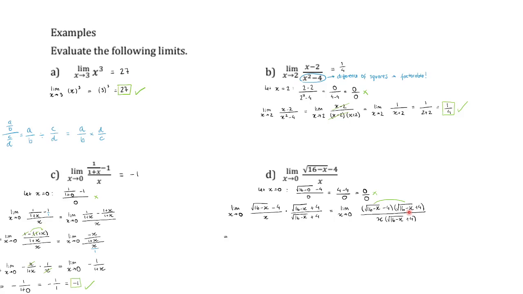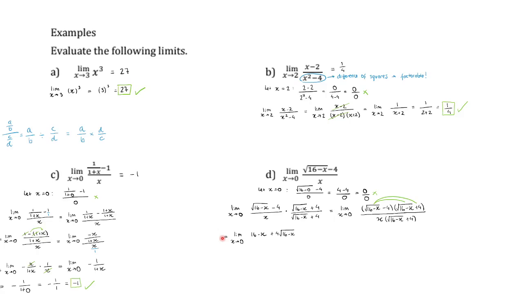So again, writing the limit as x goes to 0, because we're not actually evaluating the limit yet, we have to include that notation. So the limit of 16 minus x, and now we multiply the square root of 16 minus x by 4. So this is going to be plus 4 times the square root of 16 minus x.